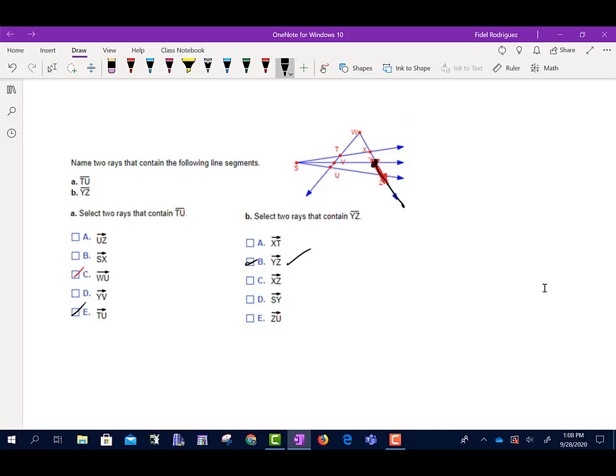Yes, that would. XZ, X would start here and keep going that way. Yes, that one would work also. S and Y, no. And Z and U going that direction, no, we don't want that one either, right? Okay, so we found the two rays that contain those line segments.